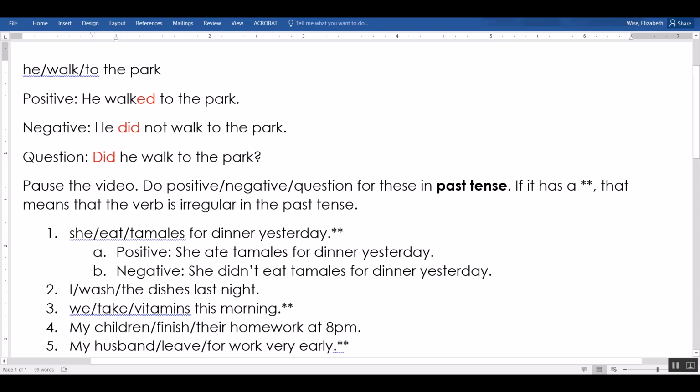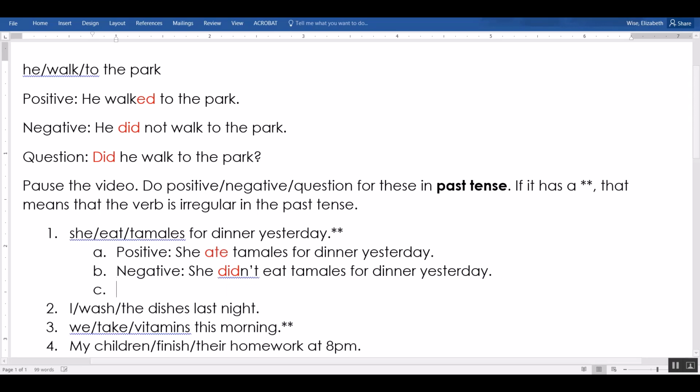And so in the negative, here's our past. This verb is just going to stay the same. She didn't eat. Make it past. There we go. And then the question would be: did she eat tamales for dinner yesterday?